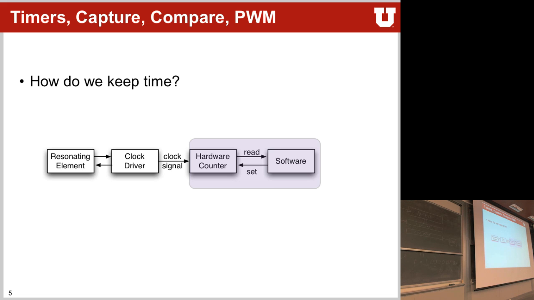So how many clock ticks do you have to take to get to 2 hertz? About 16K? Yes? What is it exactly? 16,384.